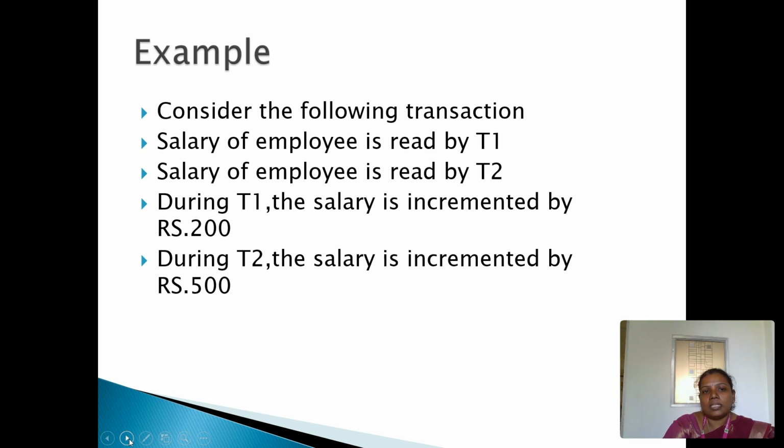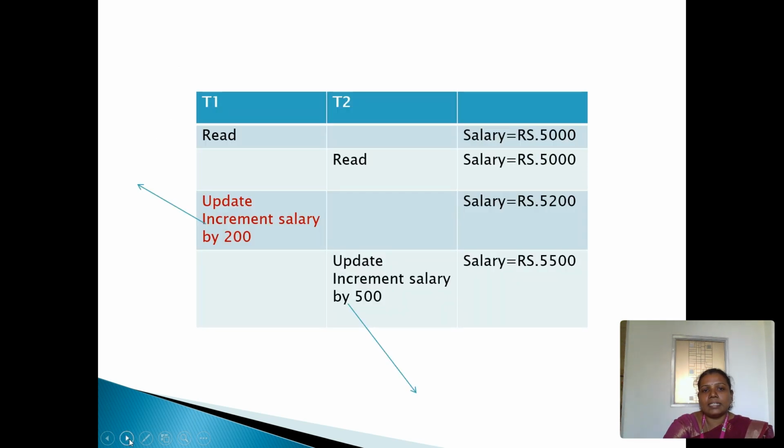In this example, consider two transactions, T1 and T2. First, transaction T1 reads the data. Initially the salary is 5,000. Then, at the second time slot, transaction T2 reads the data, and at that time also the salary is 5,000.